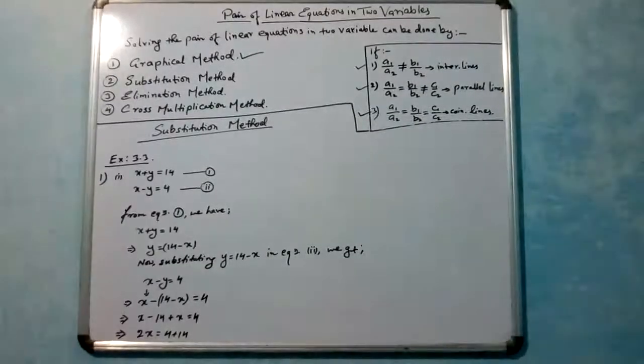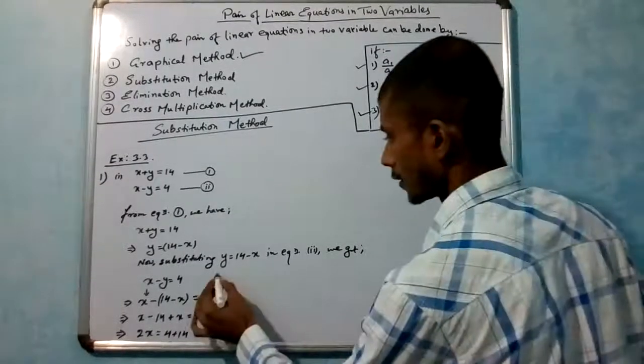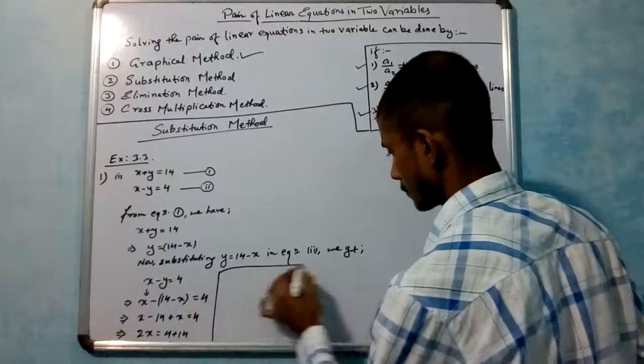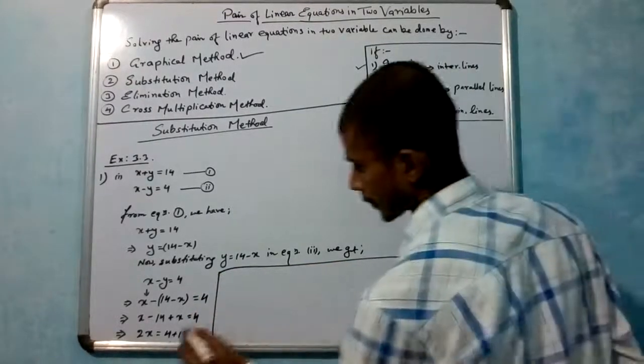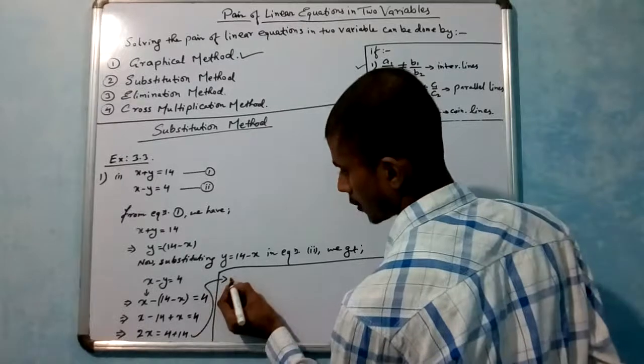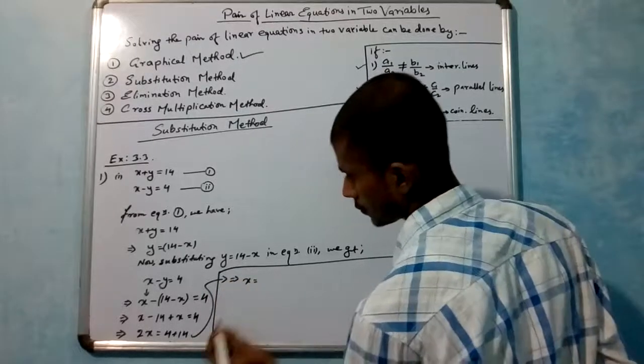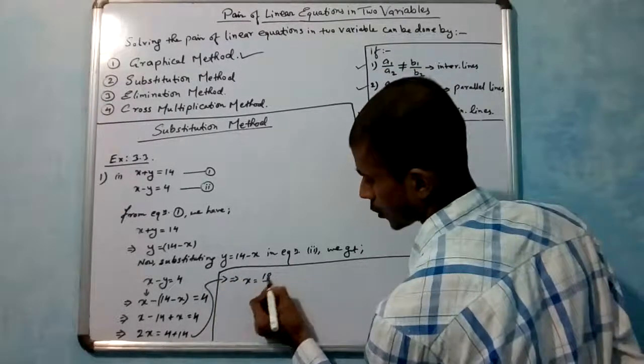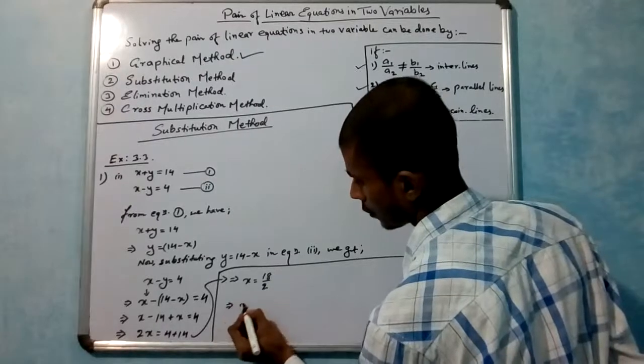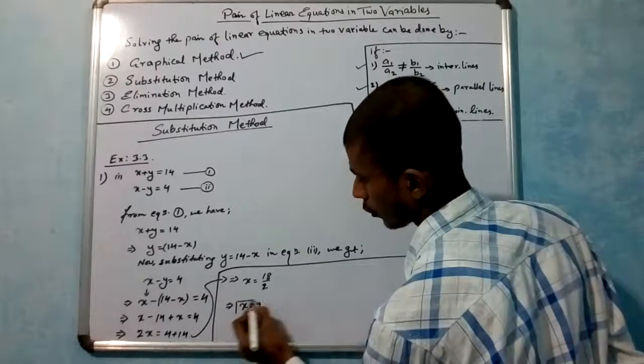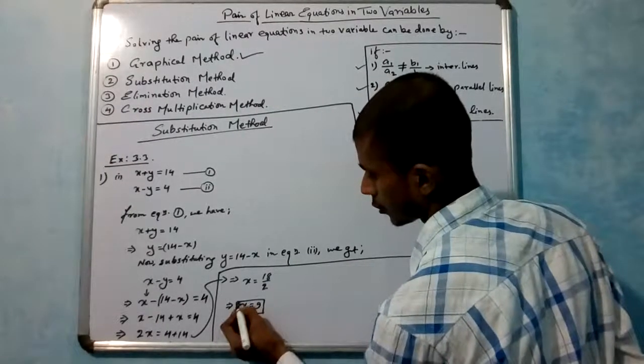Okay. After that, dividing by 2, which implies x is equal to 9. So I got one variable value, x is equal to 9.